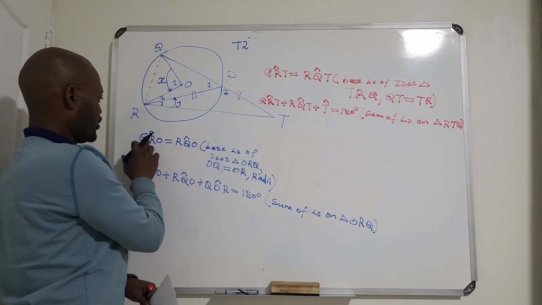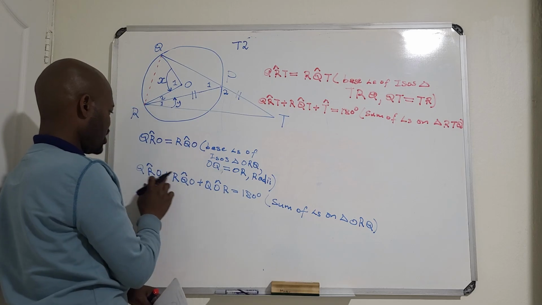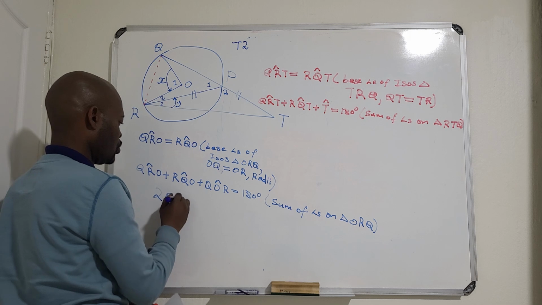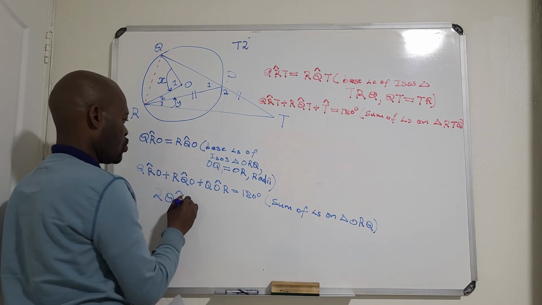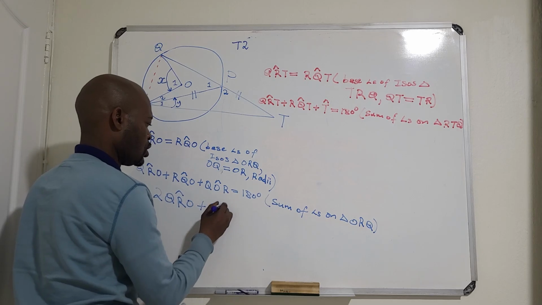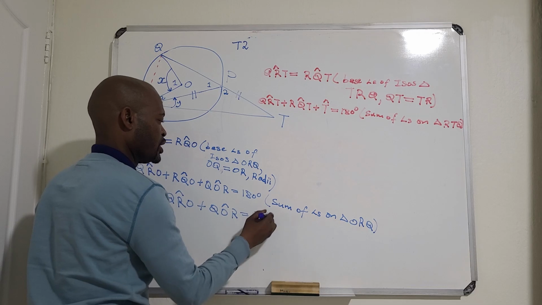So I put this here because they are equal. So this plus this is going to be 2 angle QRO plus angle QOR equals 180 degrees.